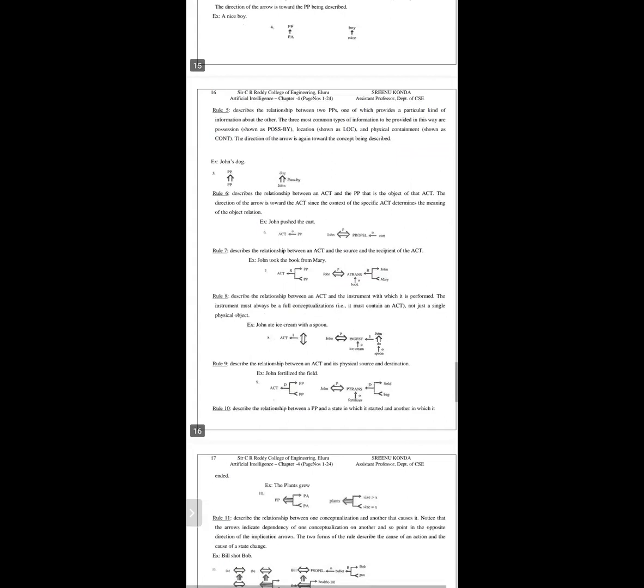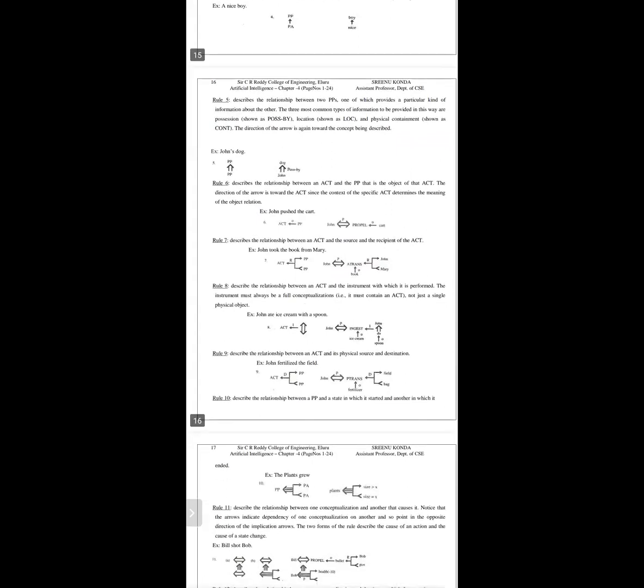Rule number 5 describes the relationship between two picture producers, one of which provides a particular kind of information about the other. For example, John's dog.